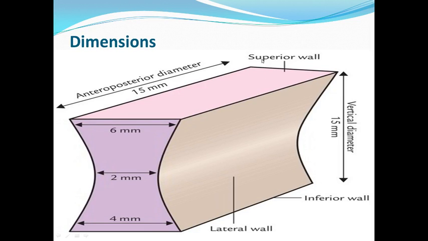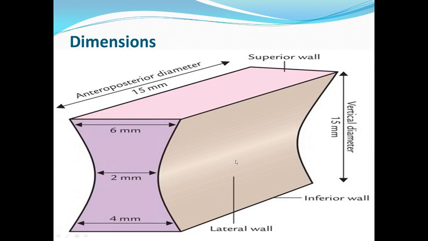When we define the boundaries of middle ear or tympanic cavity, you will come to know that the boundaries will be defined under the following heads: the roof, the floor. The superior wall forms the roof, the inferior wall forms the floor. Then we have the anterior wall, the posterior wall, the lateral wall, and the medial wall.